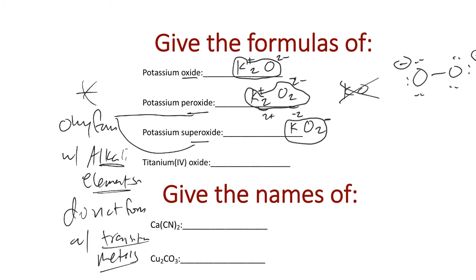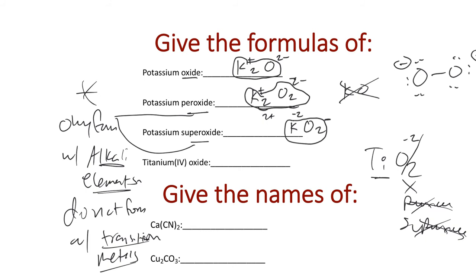Now that's helpful because if I give you a formula like TiO2, where titanium is a transition metal, then this can't be a peroxide or a superoxide. That helps you know it just has to be a simple oxide ion, just the O ion with the 2- charge.